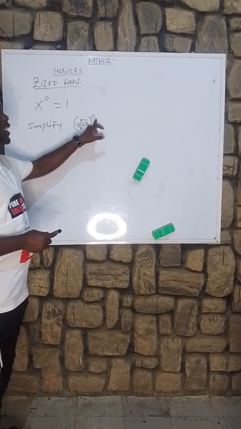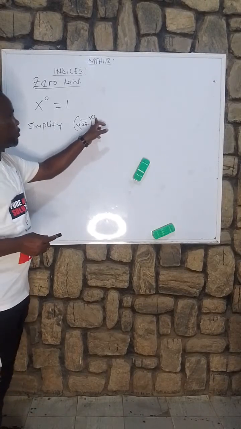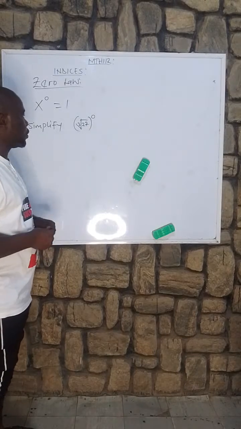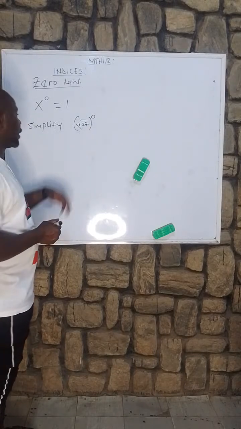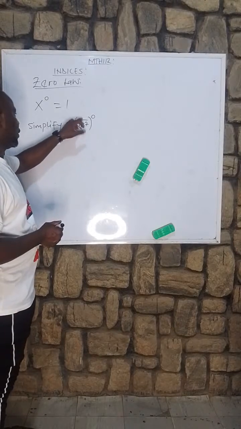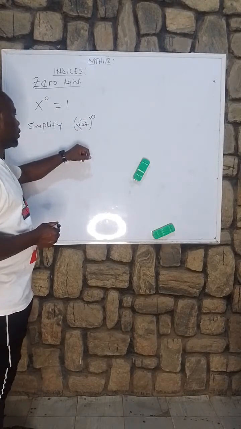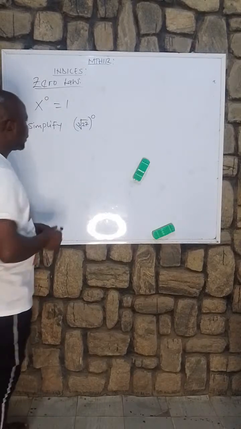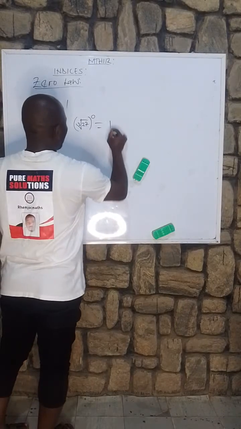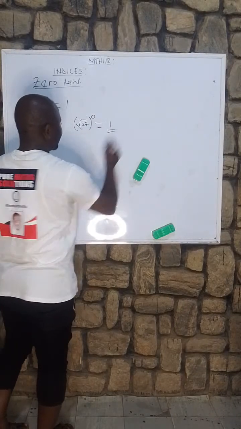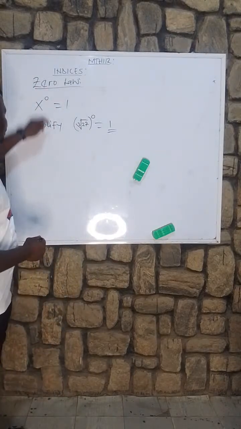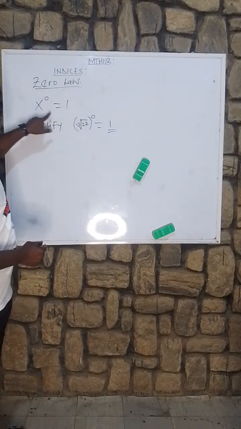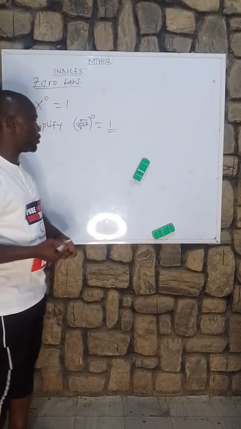What you are after is the power. What is the power here? It is 0. So, assuming you are writing an objective mathematics question, you don't need to solve. You just go ahead and tick 1. Why? Because the zero law means that anything raised to power 0 is 1.